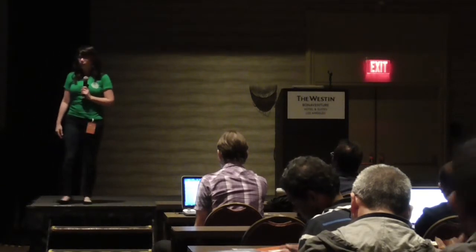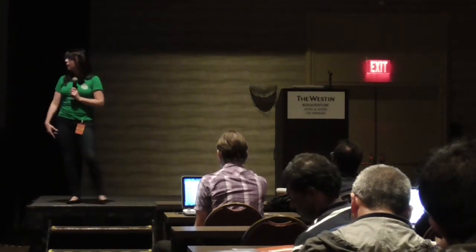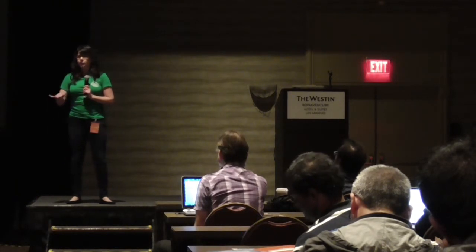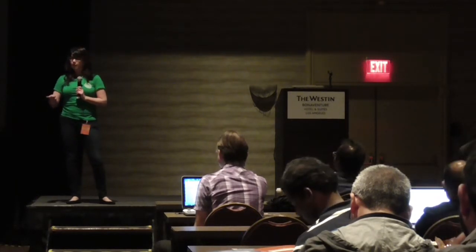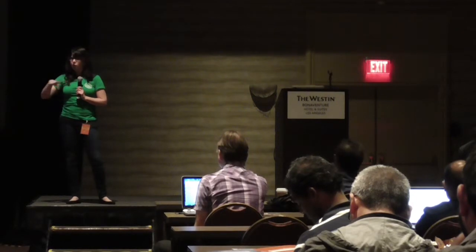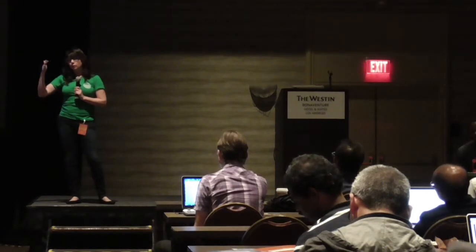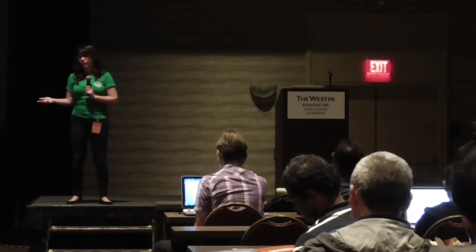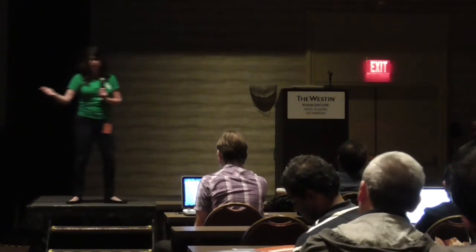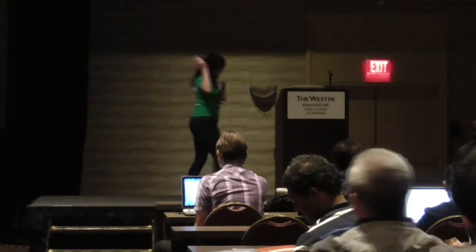But secondary indexes are good for very low cardinality objects, like gender. Here's the rule: if the cardinality of your secondary index is greater than the number of nodes you have, don't use a secondary index. That's a general rule. If you need to know why, you can find me afterwards.